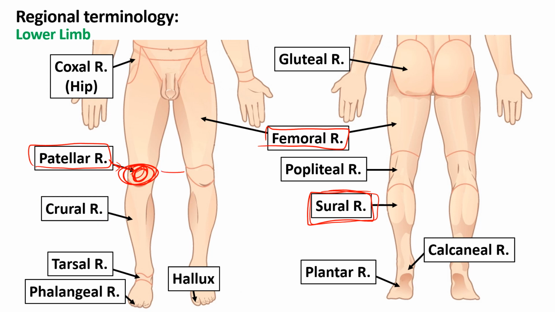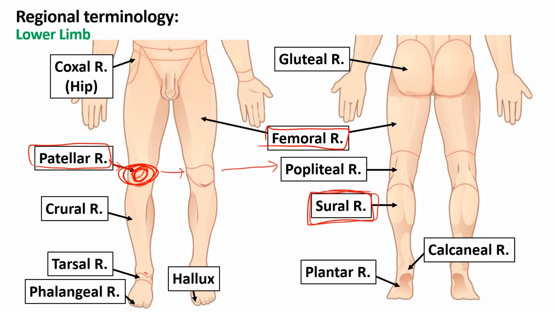Now, behind the knee, behind the patellar region, the name of the region changes. In this area the region is called the popliteal region. So the popliteal region is the region of the back of the knee, and as you can imagine, something must be called popliteal. In this case, we have an artery that when it passes through this area is called the popliteal artery.